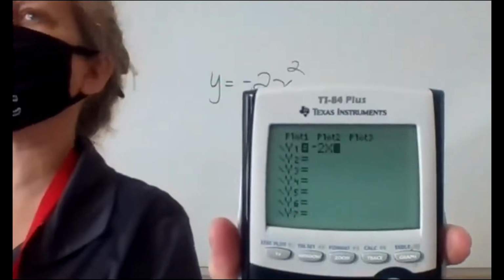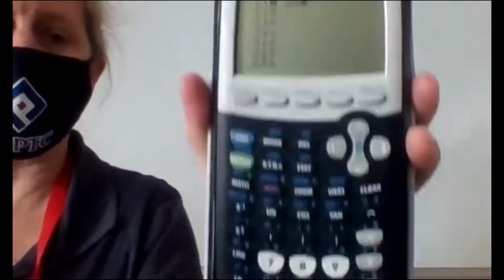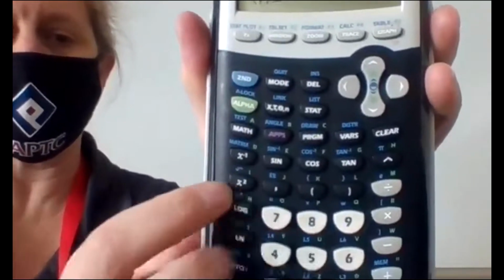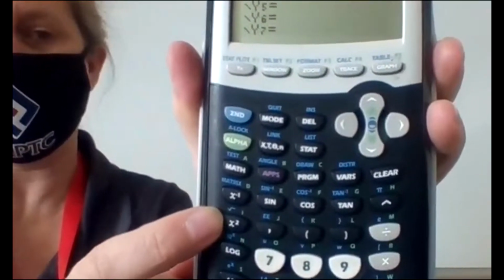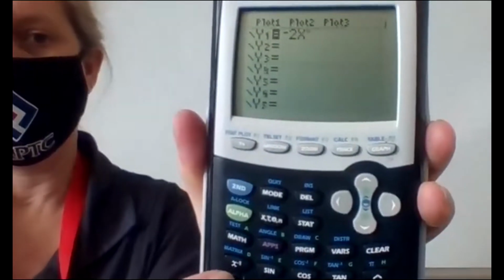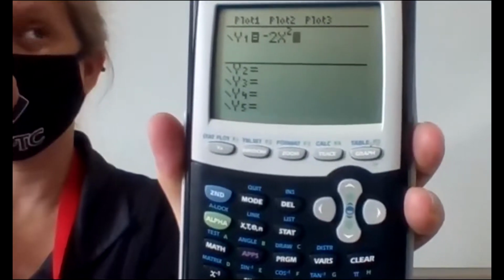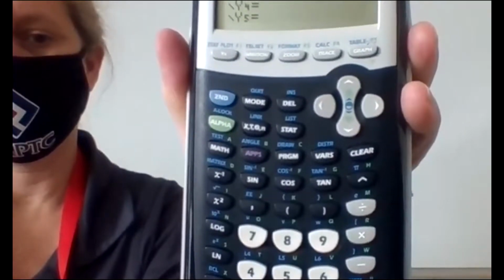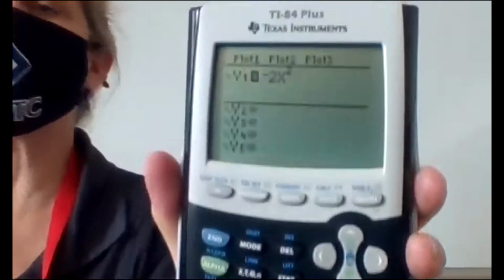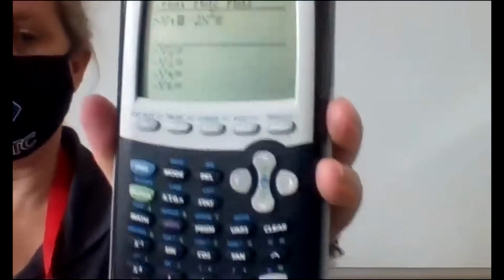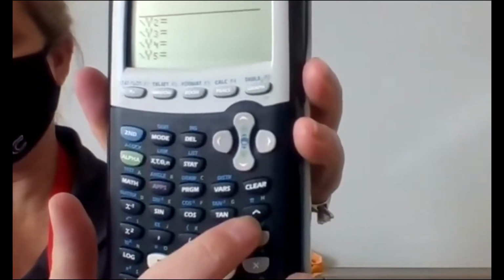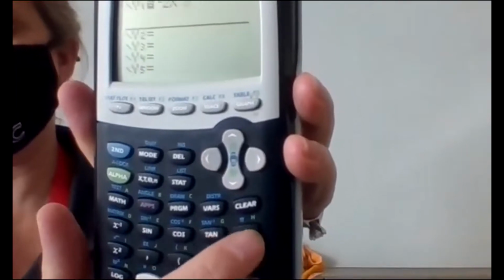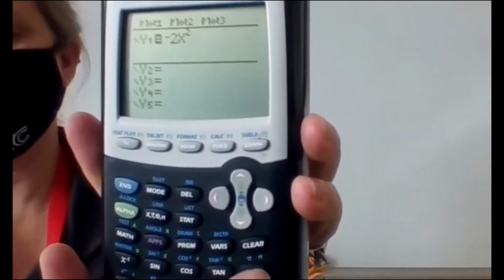Now, there's several different ways to type in squared. Actually, for squared you can just hit this x squared button. That'll give you x squared. So I hit that button right there. Any other exponent, to get up into the exponent, you will use this little up arrow thing. That puts you up in the exponent.